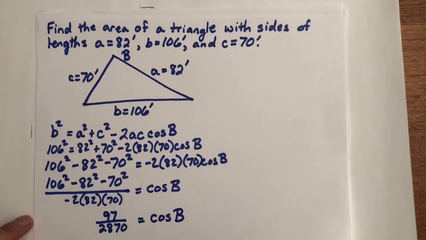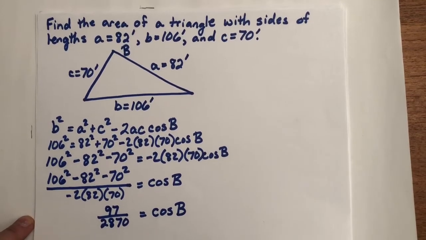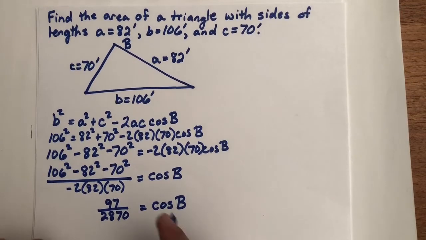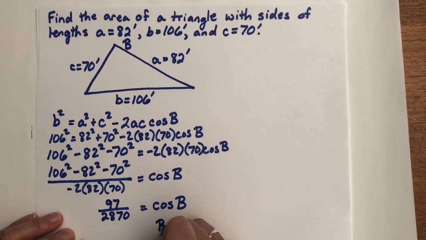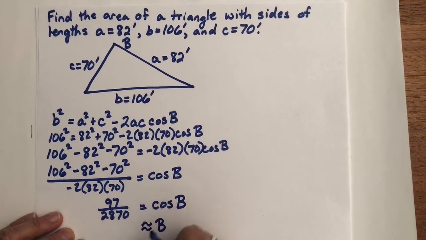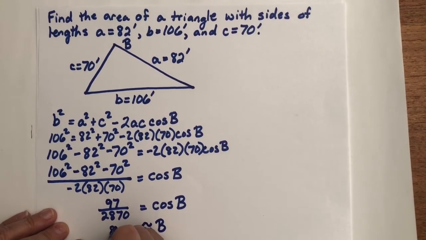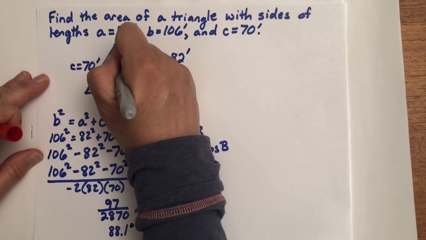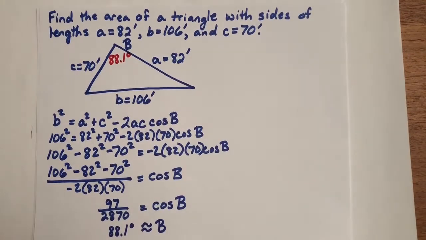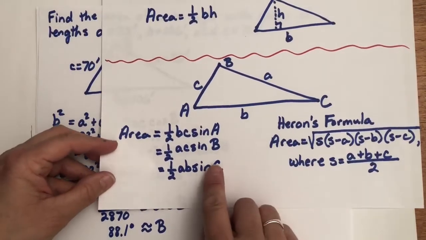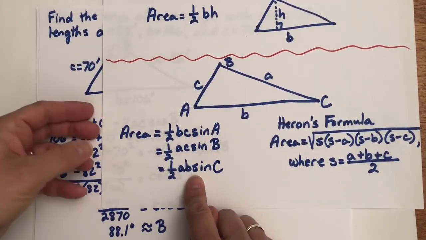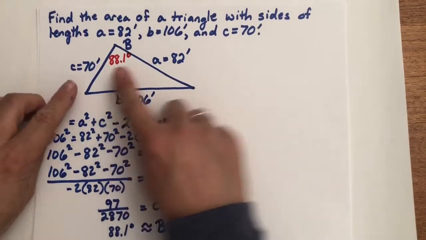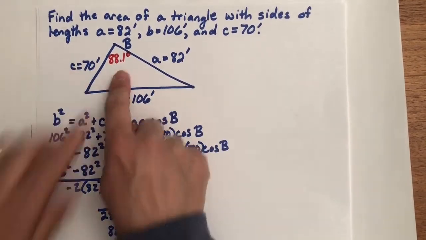Remember now, you take the inverse cosine to find angle B. And if you do that, you'll find that angle B is approximately 88.1 degrees. So let's put that in here. Now, in order to use this formula to find the area of the triangle, I know one of the angles, so I will use these two sides and the included angle.